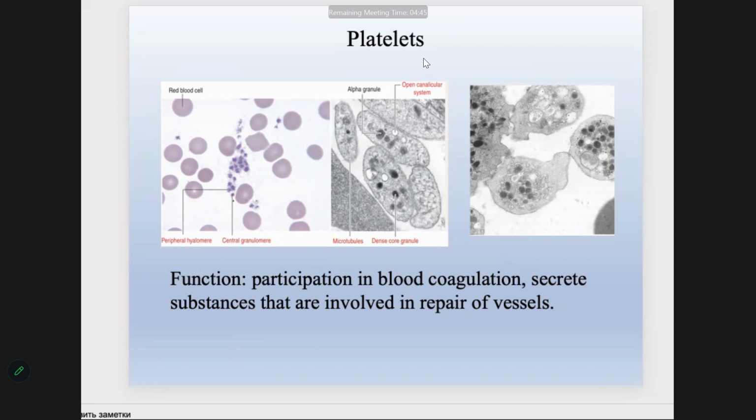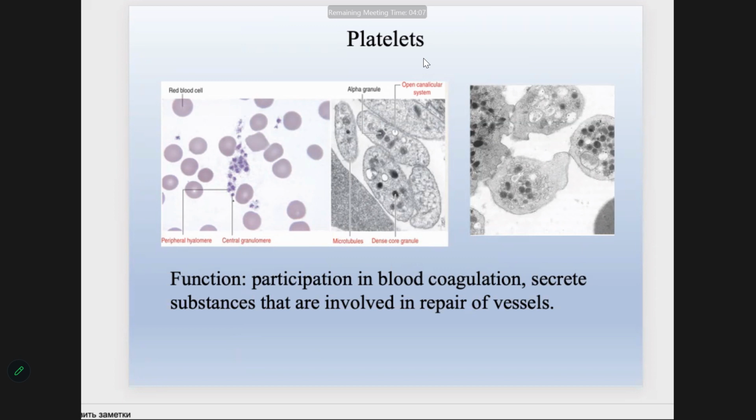The precursors of platelets are large cells with a large volume of cytoplasm, named megakaryocytes. Megakaryocytes are situated in the bone marrow. These are polyploid cells with a large volume of cytoplasm and many organelles, and they sit near the blood vessels and blood capillaries of the bone marrow, and release small portions of their own cytoplasm into the blood stream.